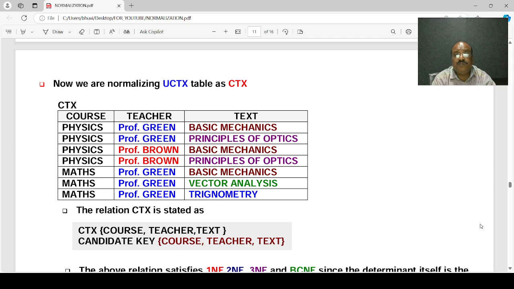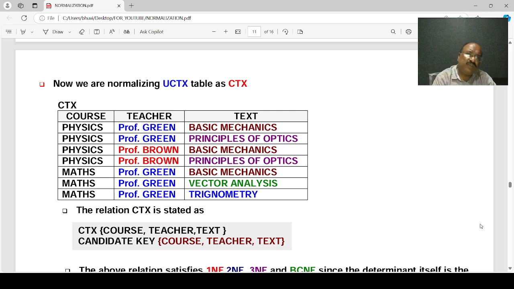Physics, Professor Brown, principles of optics: no rows are repeated. Maths, Professor Green, basic mechanics: no rows are repeated. Maths, Professor Green, vector analysis: no rows are repeated. Maths, Professor Green, trigonometry: no rows are repeated. So all the rows are distinct, and I am able to form the candidate key by combining course, teacher and text.